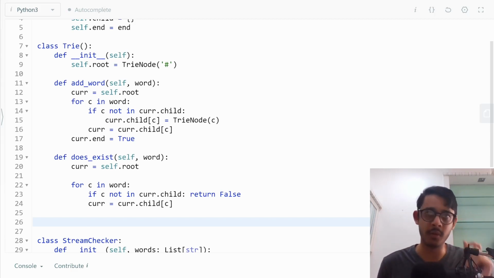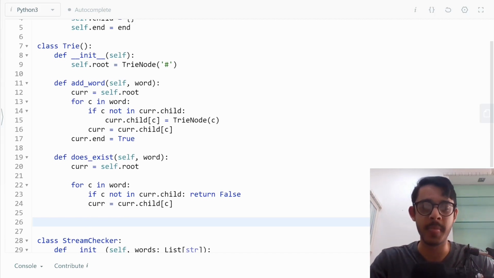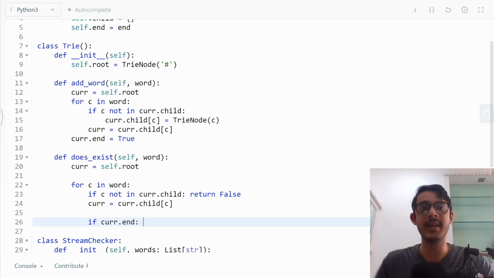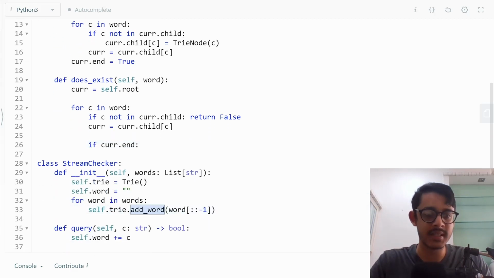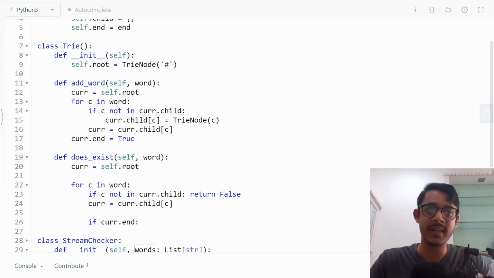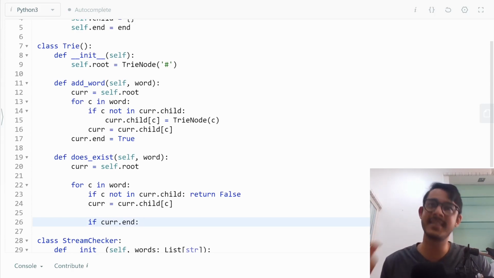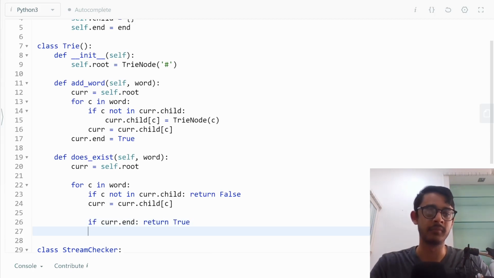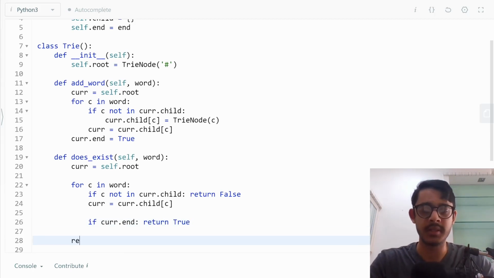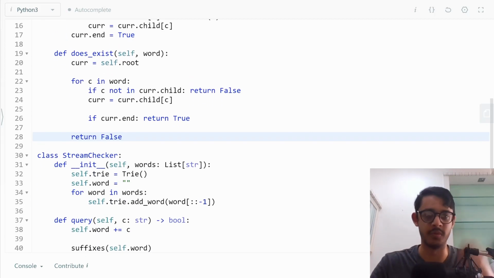Is there a way we can know if a particular word ends over here? Yes, we can. If current.end is true, which means there is a word in the words list that has an ending character at this point of time, then we have successfully found a suffix. And so I can return true right away. And if not, well, let's just return false. I don't think we'll ever reach this case, but sure, we'll write that.